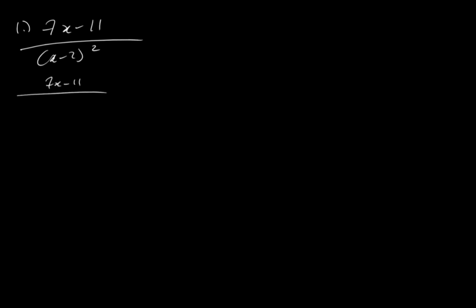Alright, so say we have an example as 7x minus 11 over x minus 2 squared. What are we going to do? So remember, 7x minus 11 over x minus 2 squared can be decomposed into a over x minus 2 plus b over x minus 2 squared.